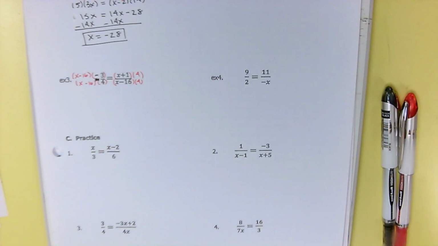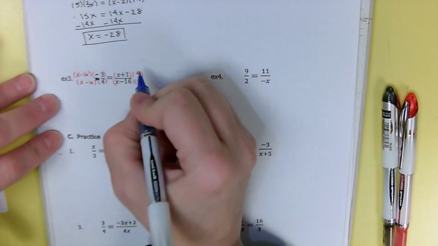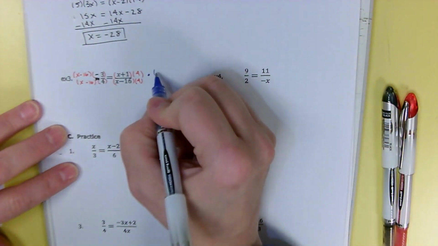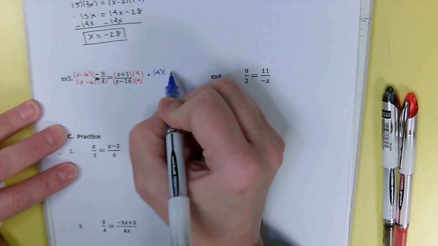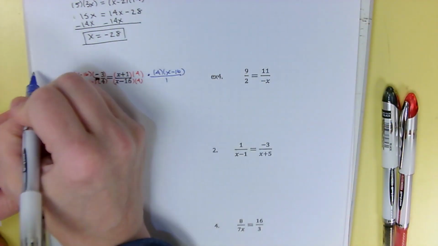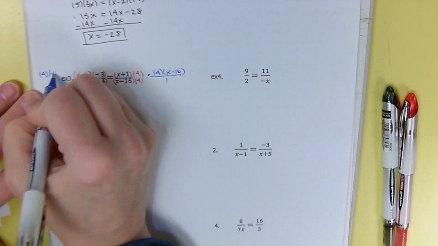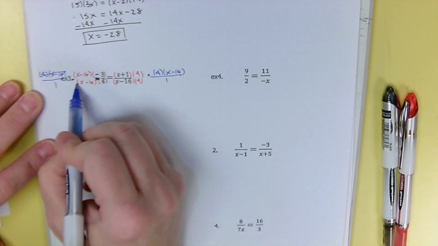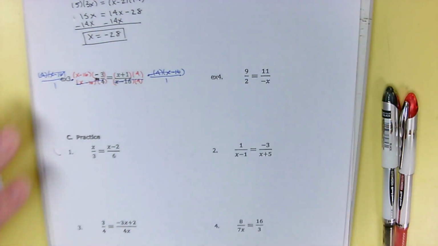Now on your work, I fully assume you're just going to cross off the bottoms and go, but these are notes. So the reason you can cross off the bottoms is we're going to multiply both sides by the reciprocal, 4 times x minus 16 over 1. And that's why you're allowed to cancel out the bottoms.